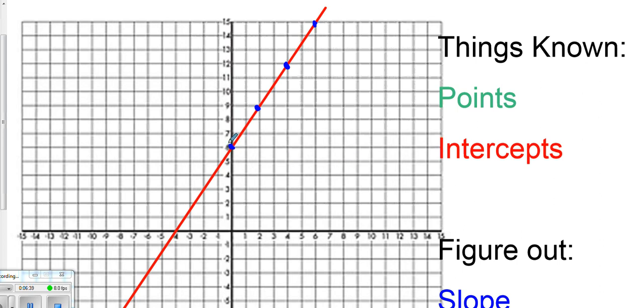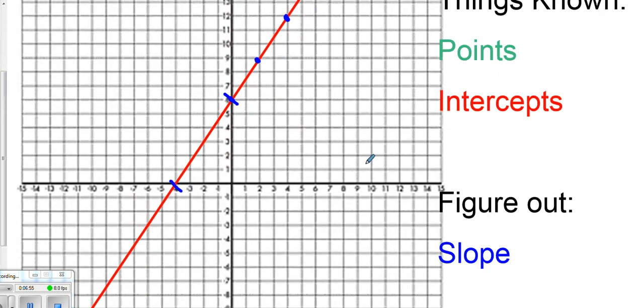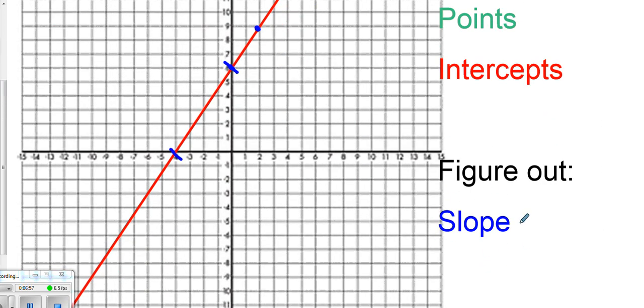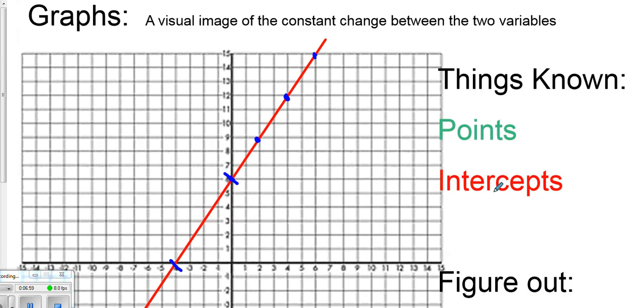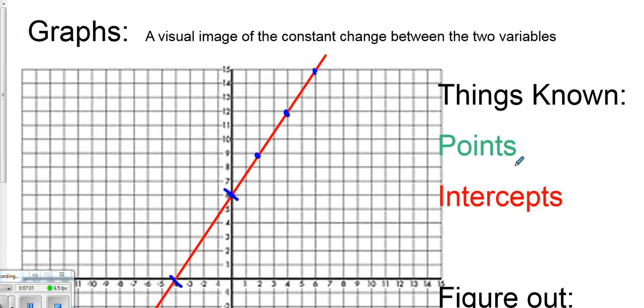Now again, if you're lucky, like we are here and here, your graph might happen to give you intercepts, kind of only if you're lucky. They won't always be good, perfect intercepts, but in this case, we can see they actually are. Given all of these points on the graph, one thing that you might have to figure out is the slope. So from a graph, we're going to definitely know points.